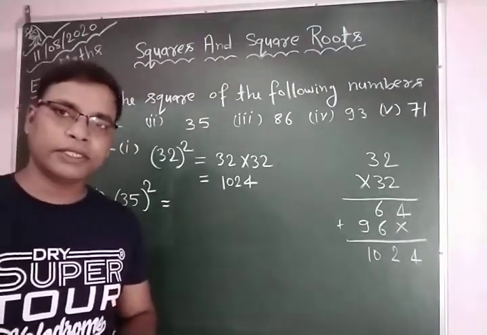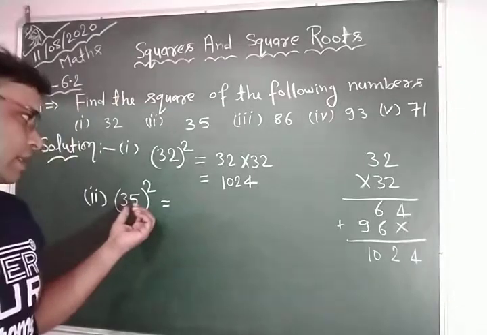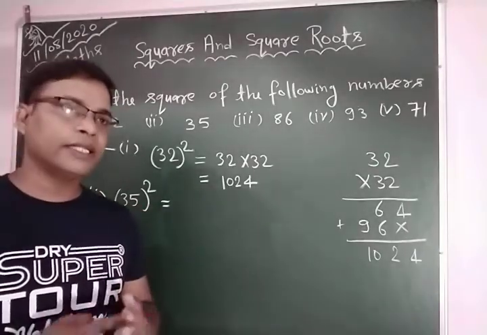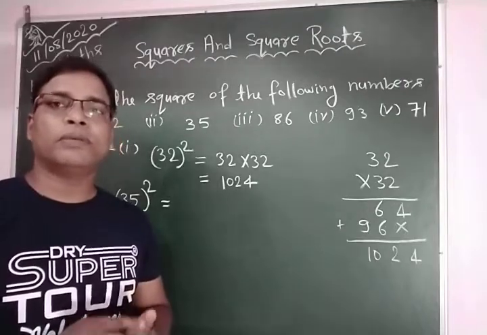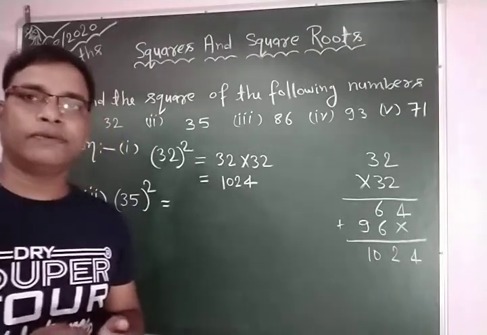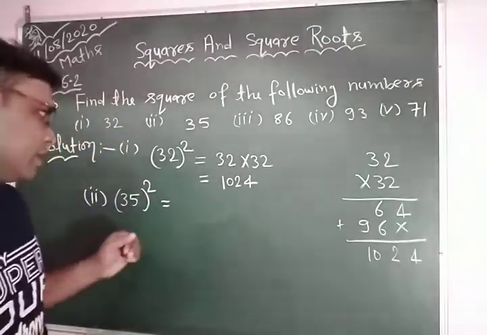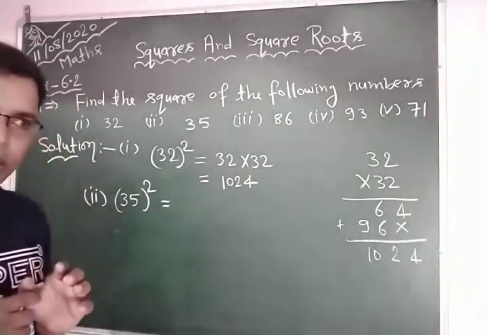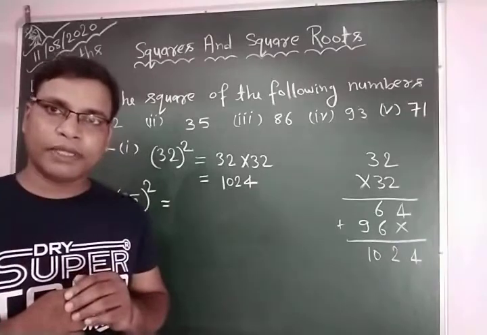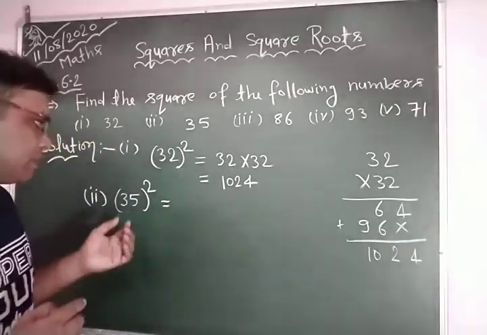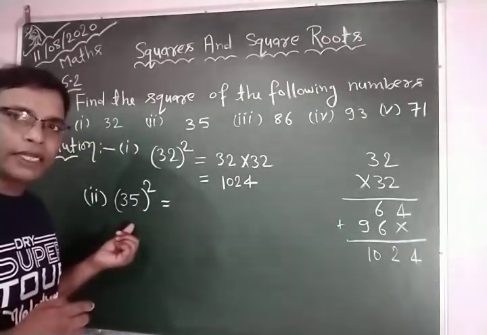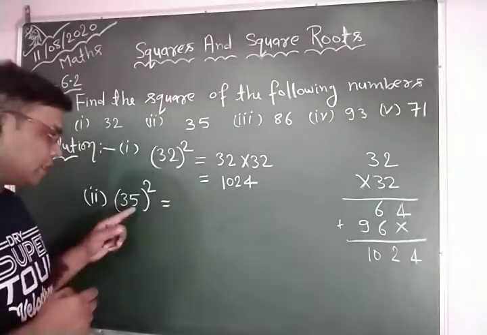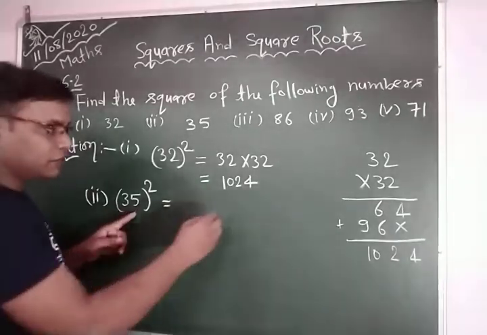So for this we can find the square with a special identity. If any number has unit place digit 5, then we use the special property to find the square. The square of 5 is 25.